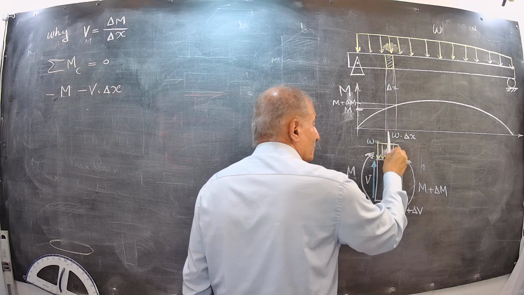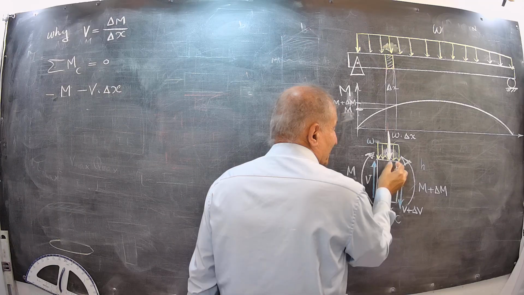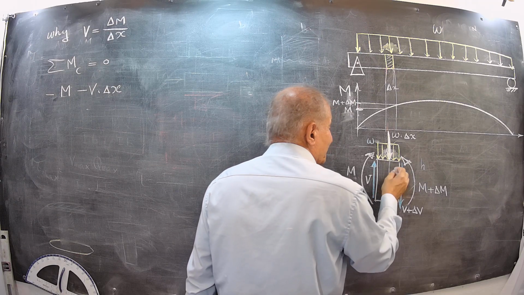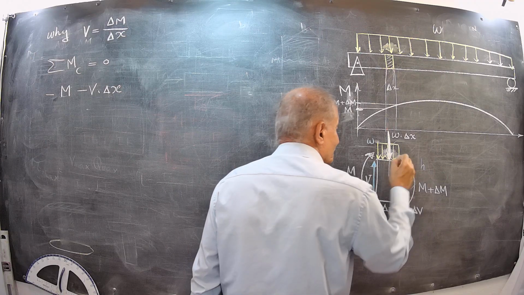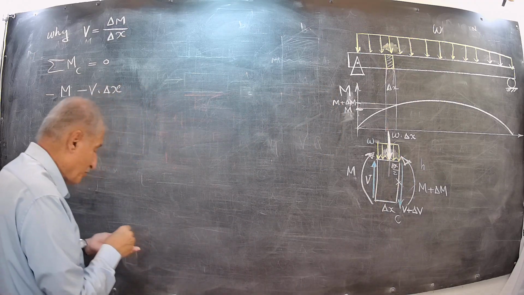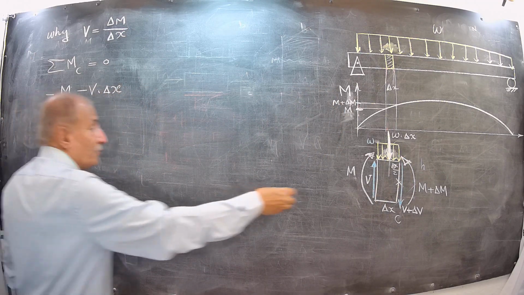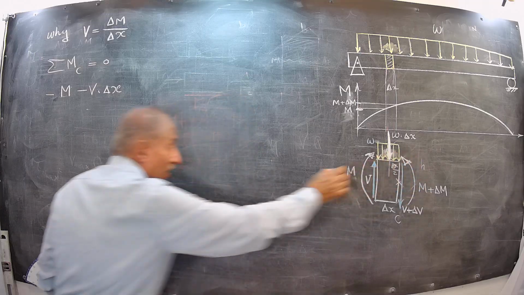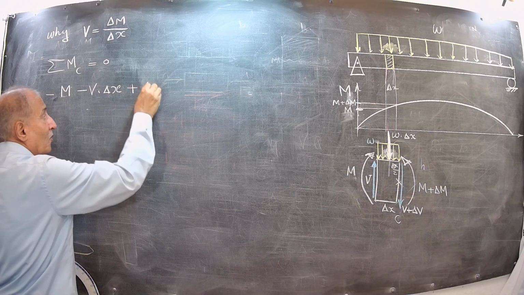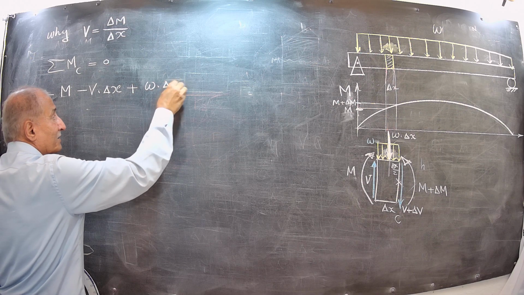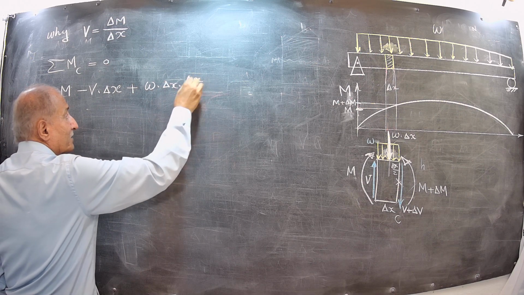It acts exactly in the middle, and this distance is delta x over 2. Then the moment of this one, which produces a counterclockwise moment, plus omega delta x times delta x over 2.